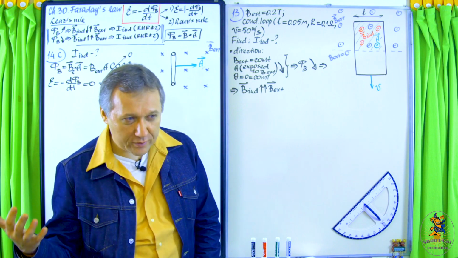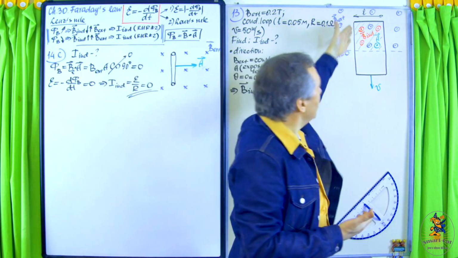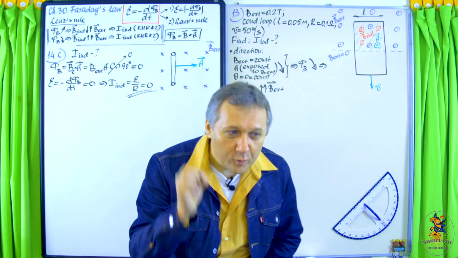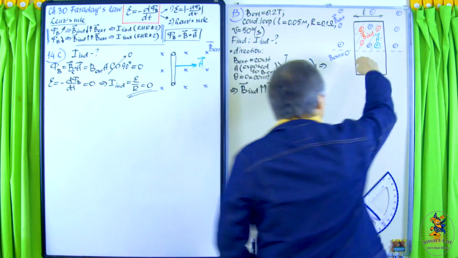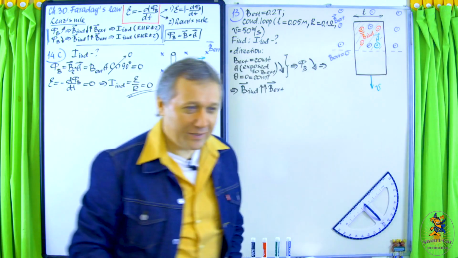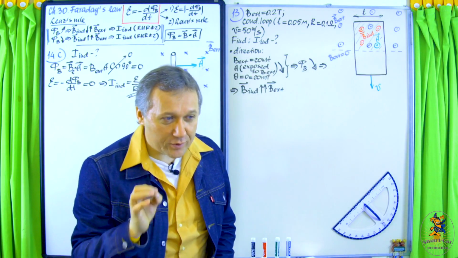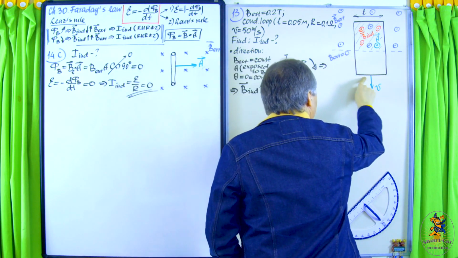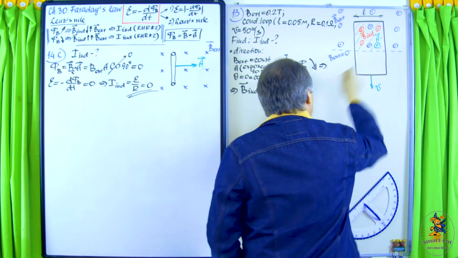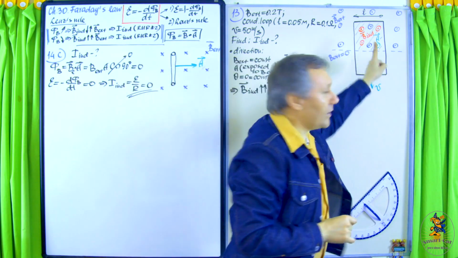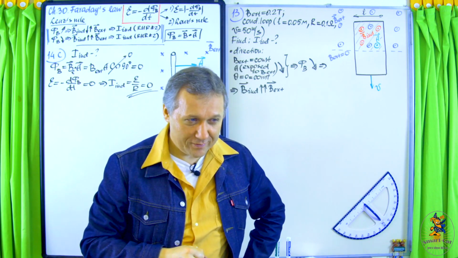Of course, everyone knows the source of the induced magnetic field is the induced current flowing through the whole loop. Induced current flows everywhere in the loop, not just in the upper part of the loop. If the induced current flows everywhere, of course it flows also here, right? If there is a current over there, of course that current produces magnetic field, induced magnetic field, even in this lower part of the loop.